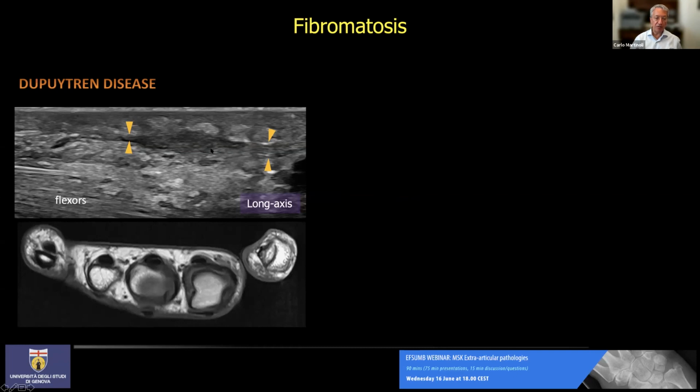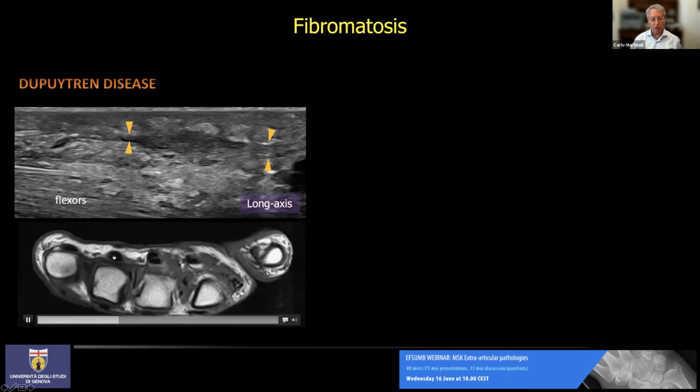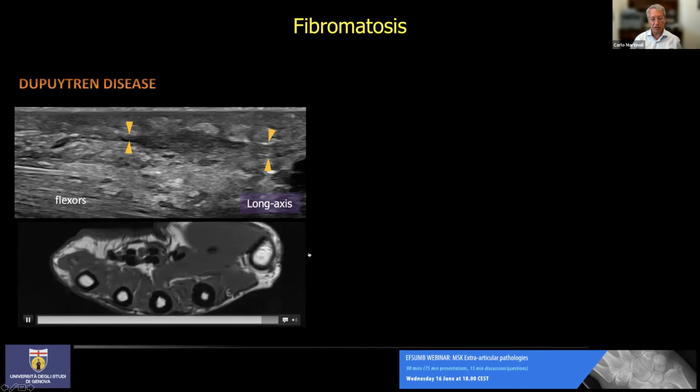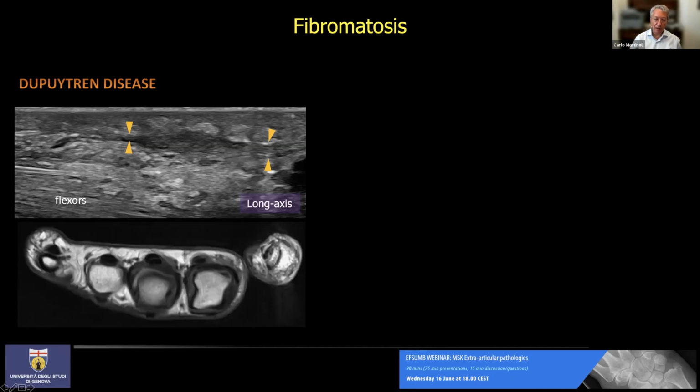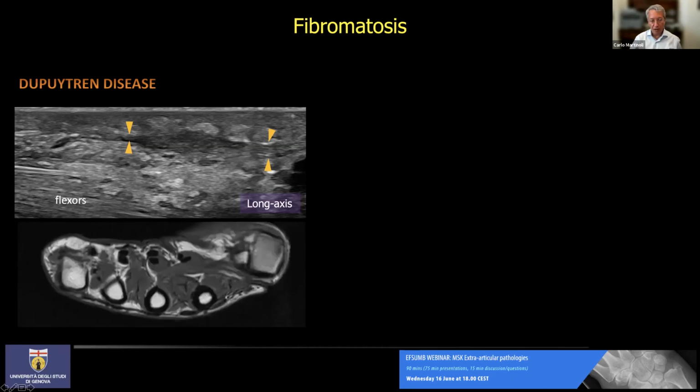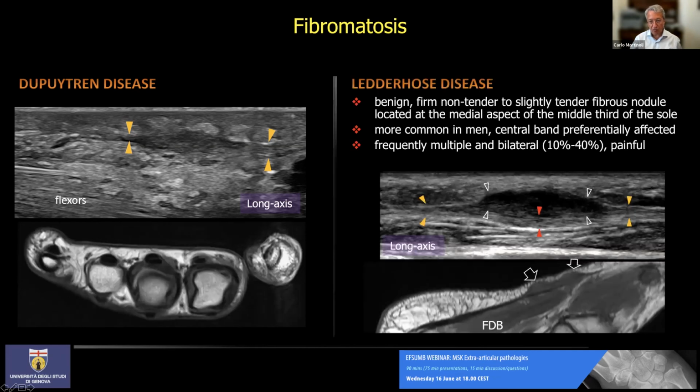In this case, ultrasound is able to demonstrate the continuity of the nodules with the fascia and is much more resolute than magnetic resonance imaging, in which this kind of pathology is depicted, but is less consistent in the image.